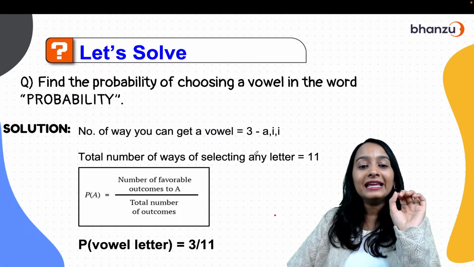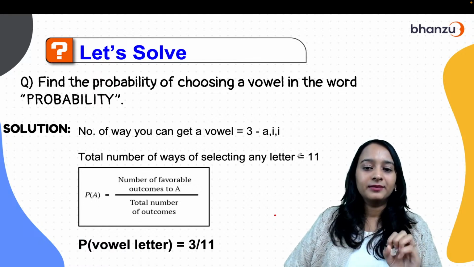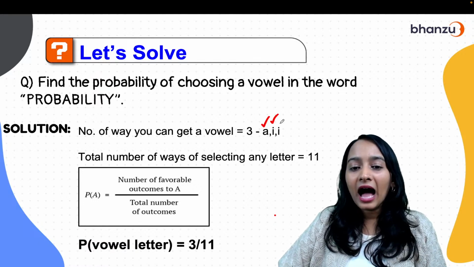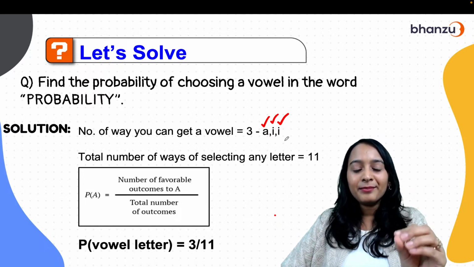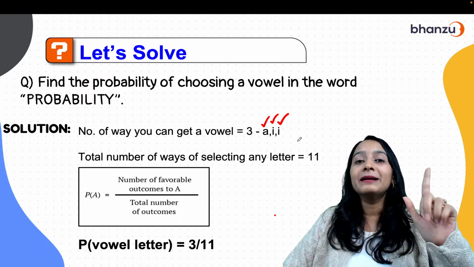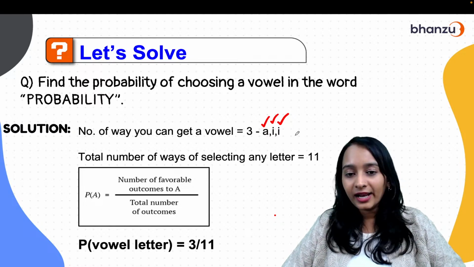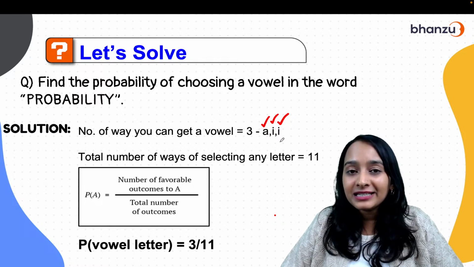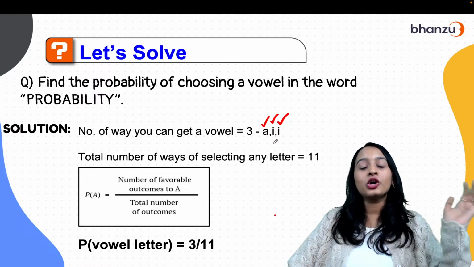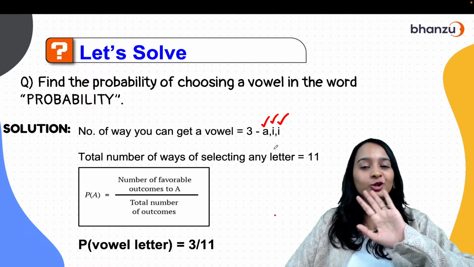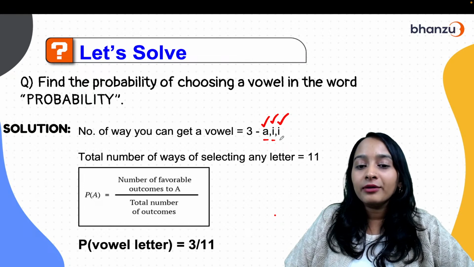It is definitely 3 out of 11 because there are 3 vowels, A, I, and I. Please remember, whenever there is a repeated observation, you have to take that into account as well. Just because the I is repeating here 2 times, you can't just say, okay, I'm only going to count it once. Don't do that, okay? So you will have to count it thrice.